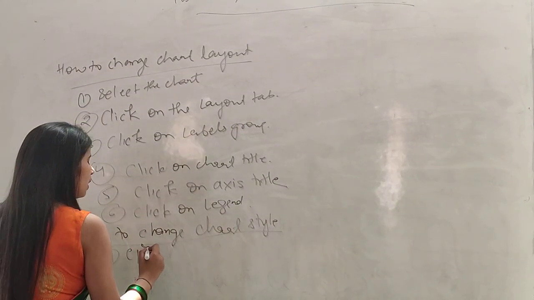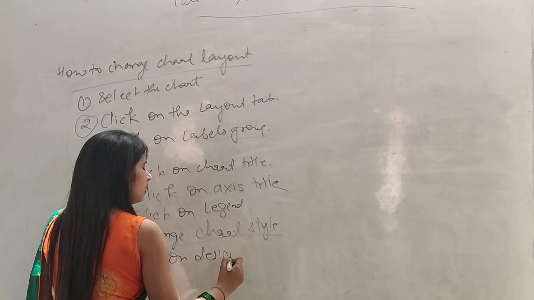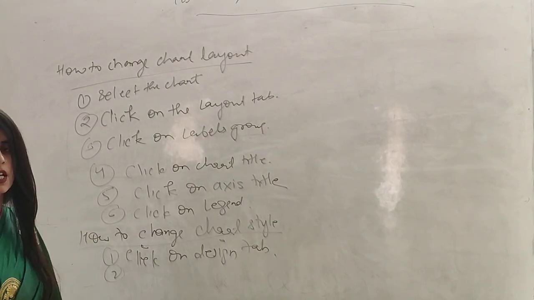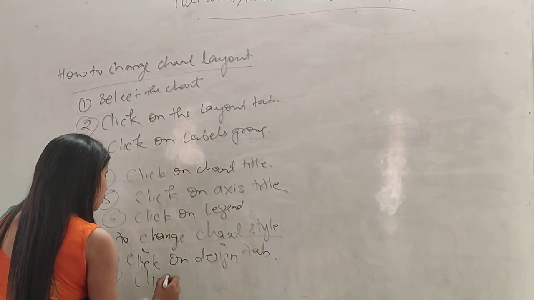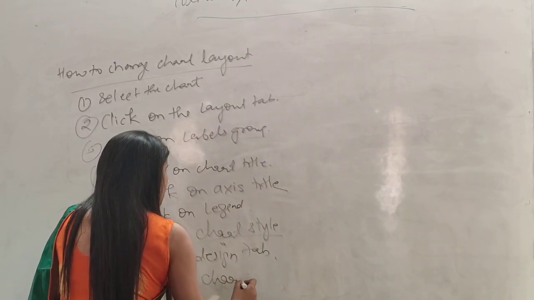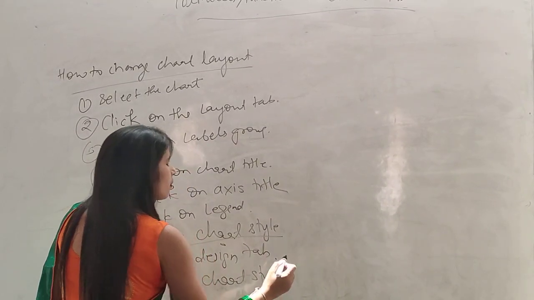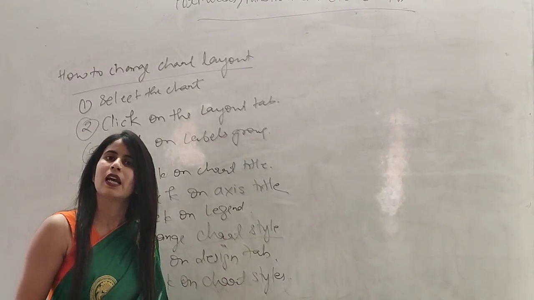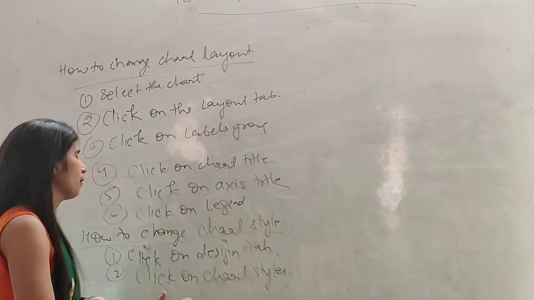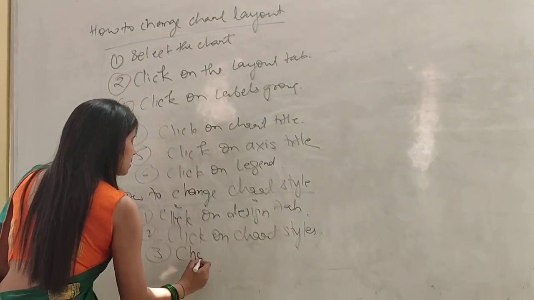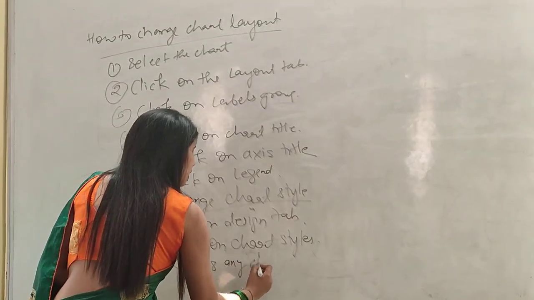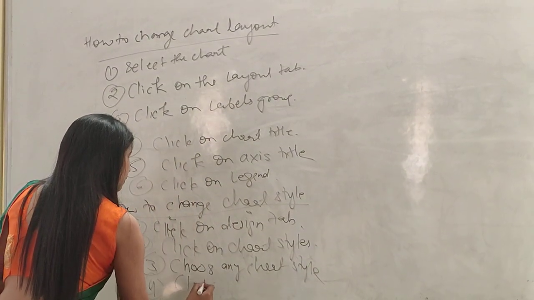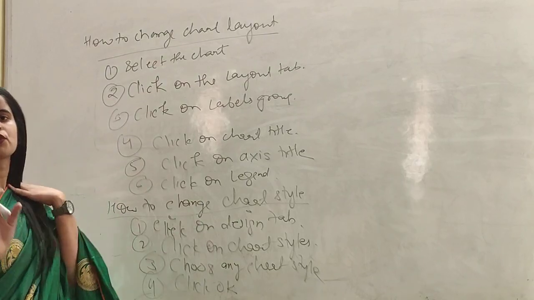When you click on the design tab, it will show you a few options and you have to click on chart styles. Okay, after it will show you all the styles that are available in the Excel program, and you choose any one chart style, and click OK.